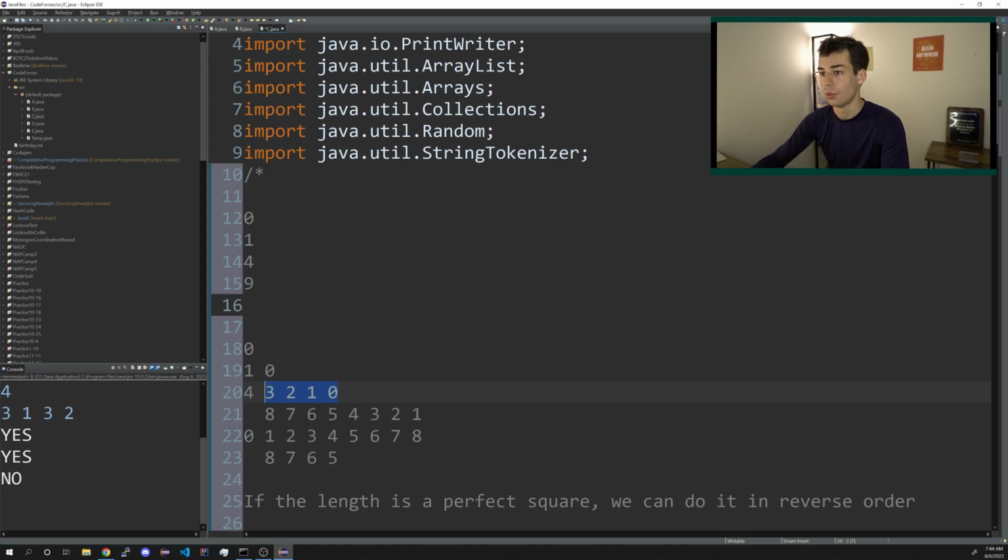So we still have 2 places for the 4. We only have 1 place for the 3 though. So 3. 1 place for the 2. Oh, that's kind of weird. Now we only have 1 place for the 0.